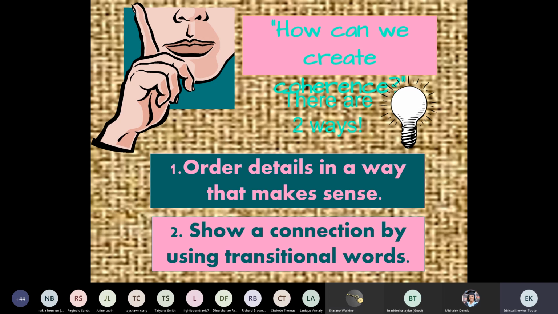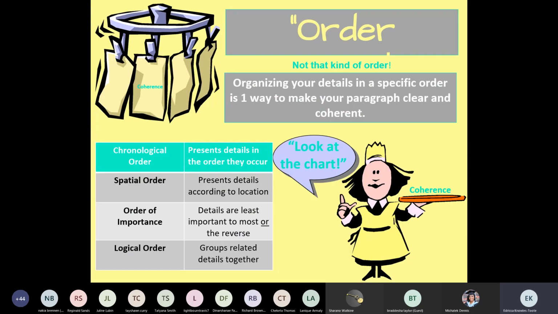We can create coherence in two ways. Order details in a way that makes sense. And I think this also goes back to what Mr. Joaquin just said with planning. Show a connection by using transitional words. We went over those transitional words.